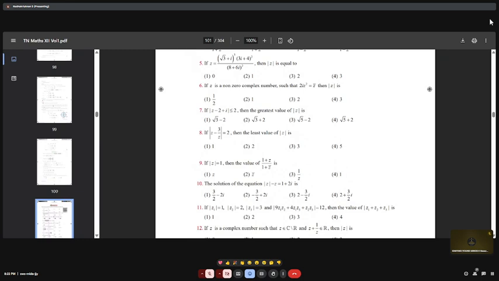Okay. So look at problem number 5. Z is (root 3 plus i) whole cube into (3i plus 4) whole square divided by (8 plus 6i) whole square.